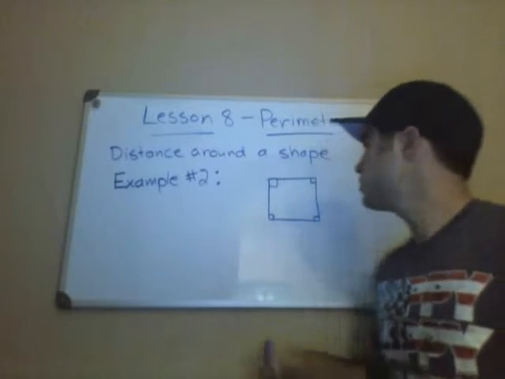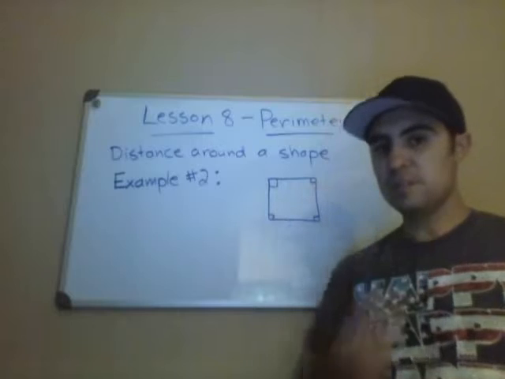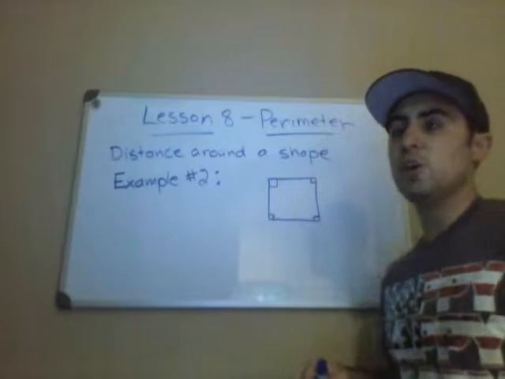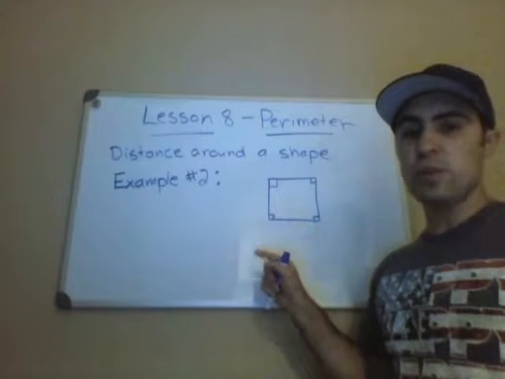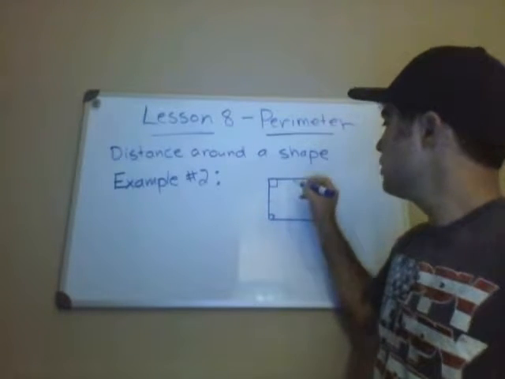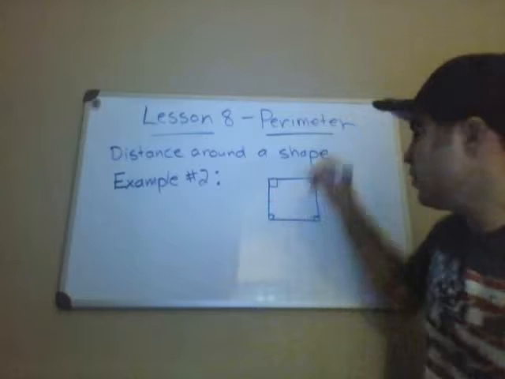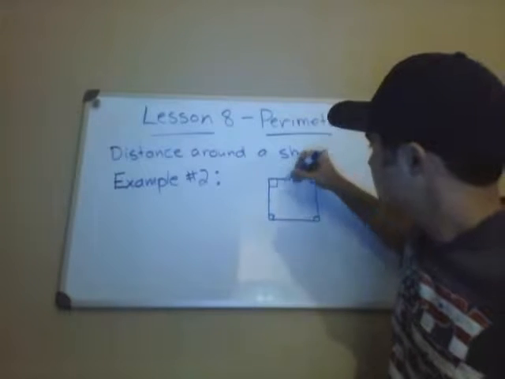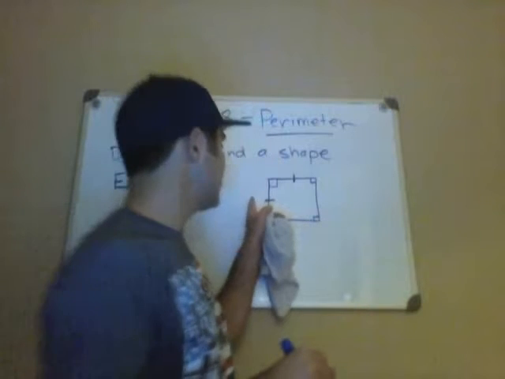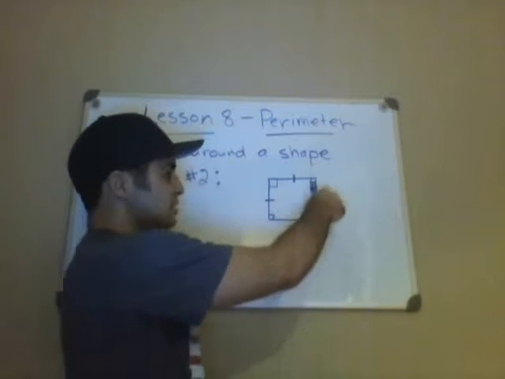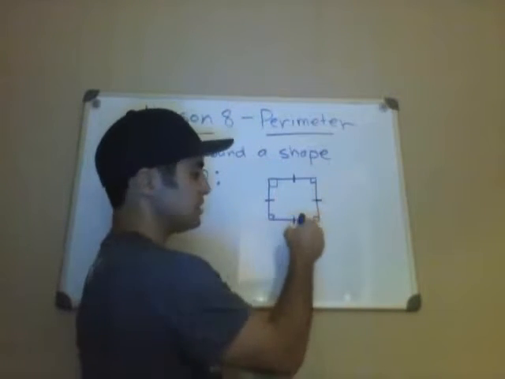Before we do example number 2, I want to talk about a couple concepts that you probably know, or if you don't know, then we'll review it. This is a square. The reason I know it's a square is because I am told that all sides are equal. That means if this side was 7 inches, then this side was 7 inches, and this side is 7 inches, and this side is 7 inches.